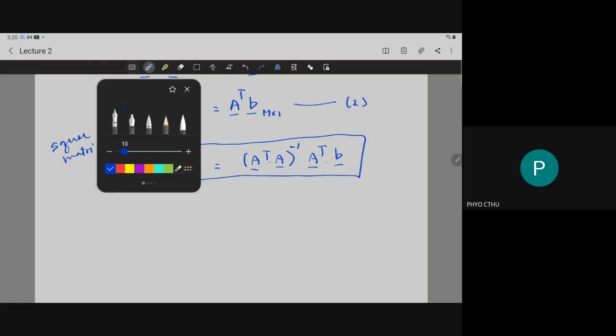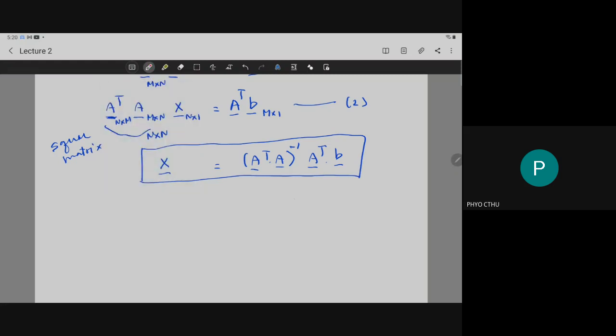Okay, but there's a problem with this type of operation. It's not that you cannot do it, but when n is large, meaning that you have many unknowns, let's talk about like 1,000 or 1 million, the operation of inverse is quite power intensive.